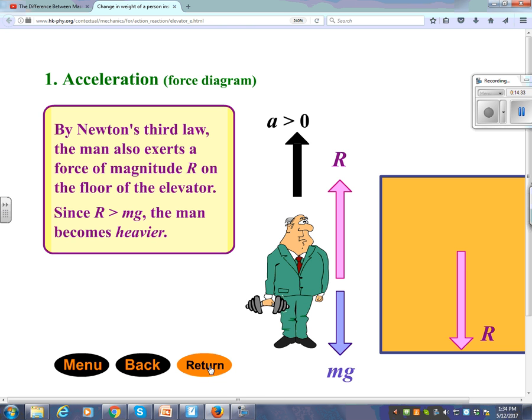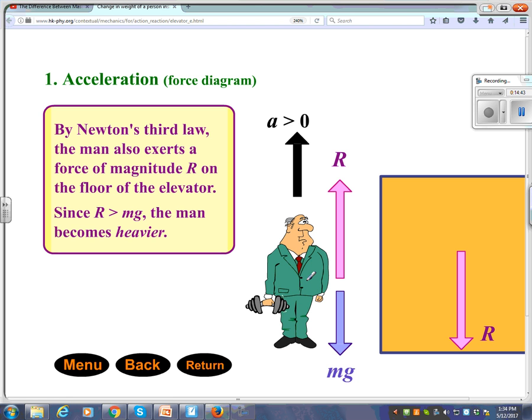Now, notice, this is key. What's the force diagram like on the man? Smaller force down, bigger force up. Is there a net force here? Yes, there is. It's greater than 0, and he accelerates up. This R, the equal and opposite, is not another R on him. It's R on the scale.